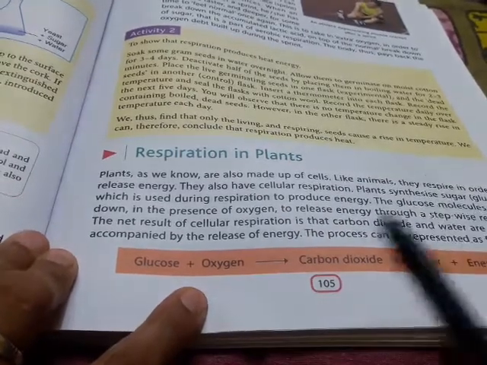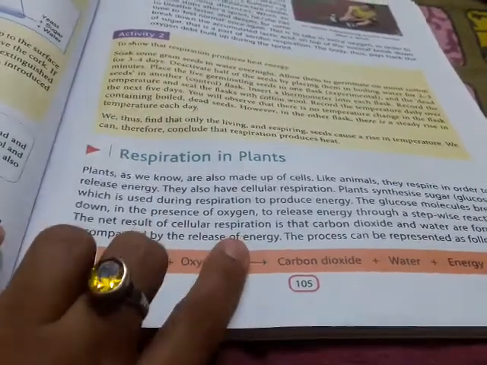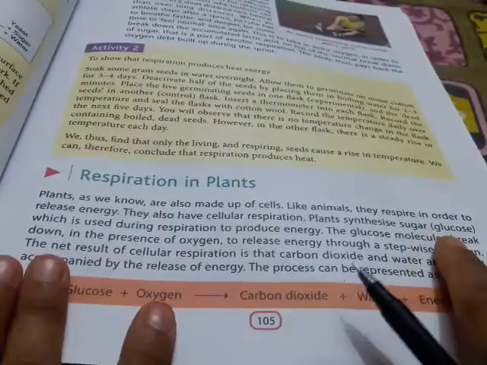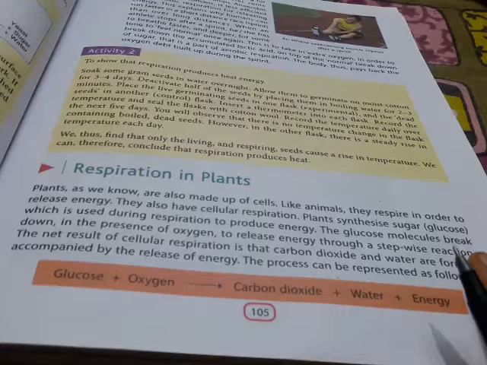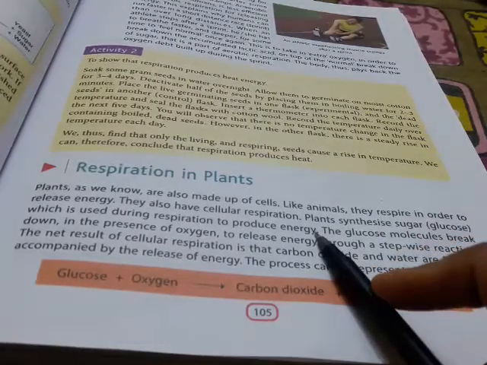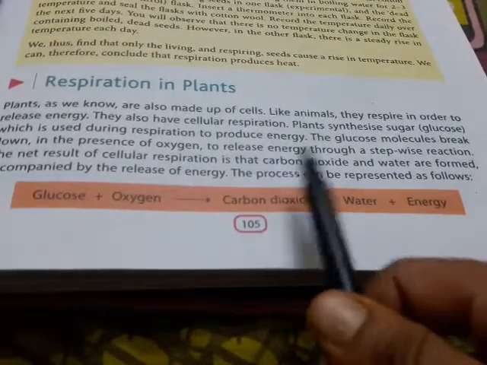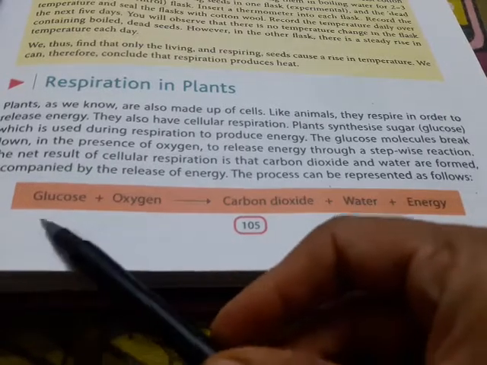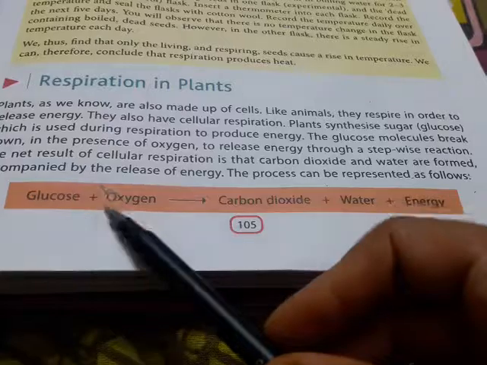Plants synthesize sugar, glucose, during photosynthesis, and they use it to produce energy. The glucose molecule breaks down in the presence of oxygen, which means a reaction takes place between glucose and oxygen.